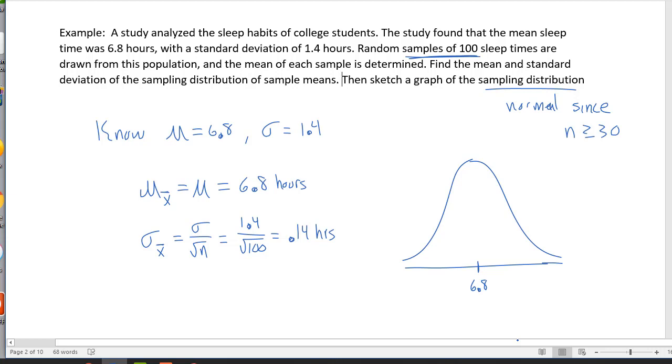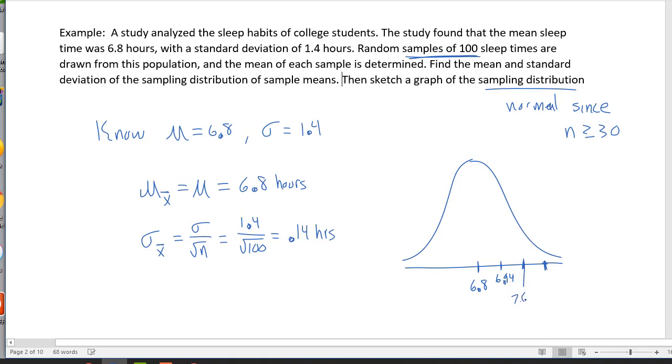So if I do 6.8 plus 0.14, I've got my calculator in my hand, here is 6.94. So I'm 1 standard deviation above the mean. Here's 2 standard deviations and 3 standard deviations. Keep in mind, this is a z of 1, this is a z of 2, and this is a z-score of 3. So my next z of 2 here is going to be 7.08.